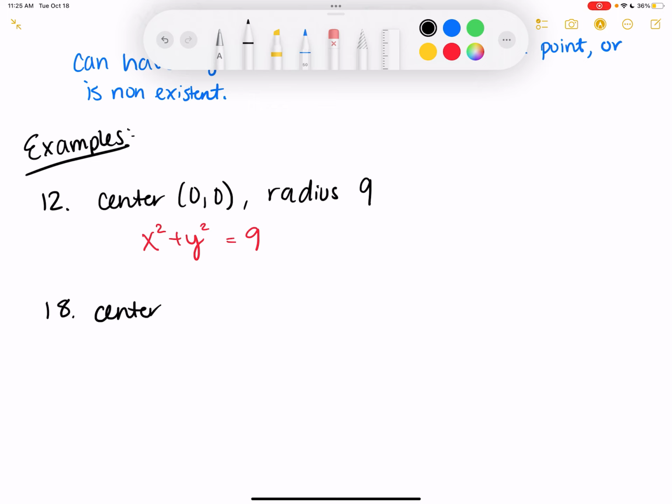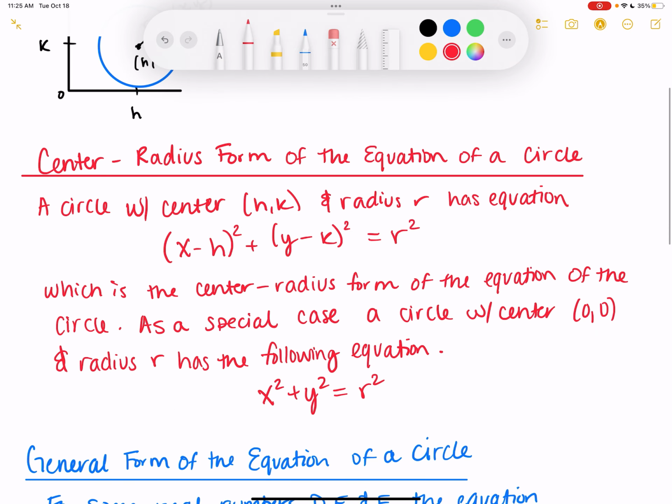Center at 4, 3, radius 5. Okay. It's a different formula, right? It's going to be x minus 4 or whatever.